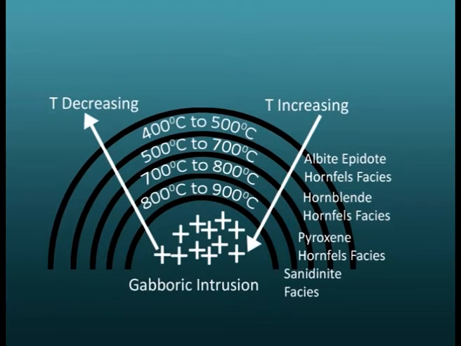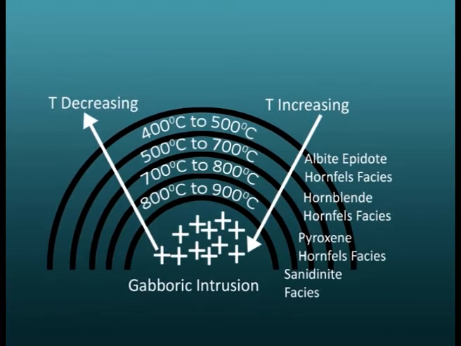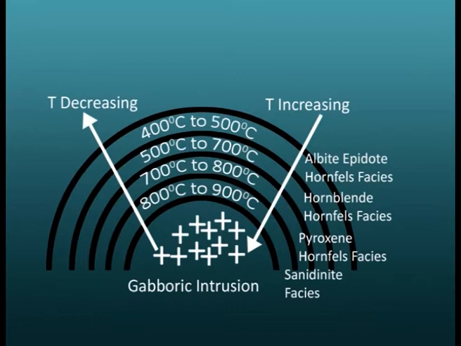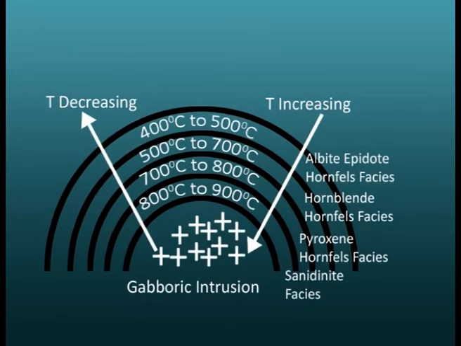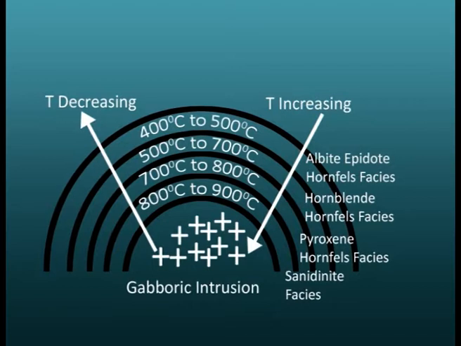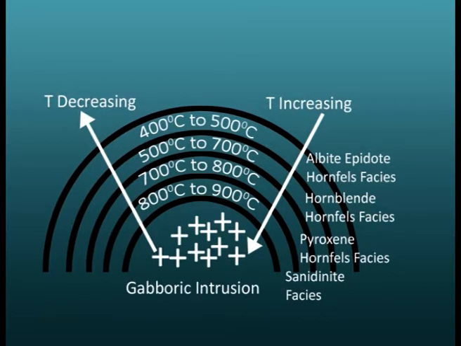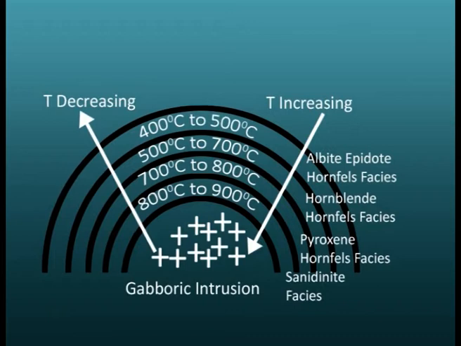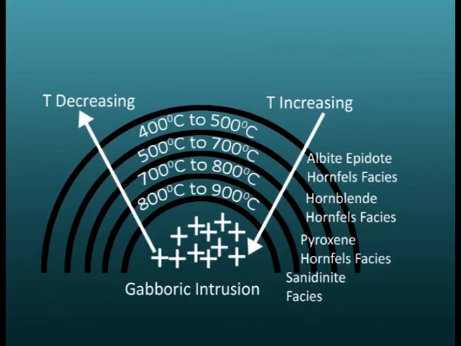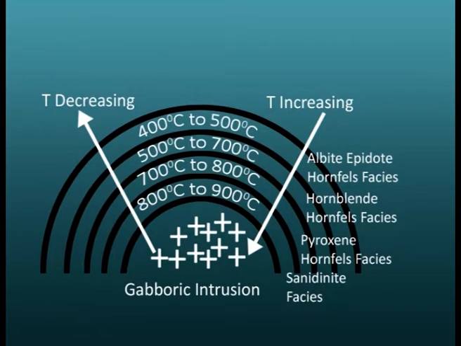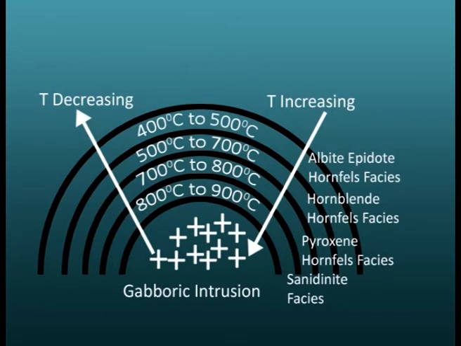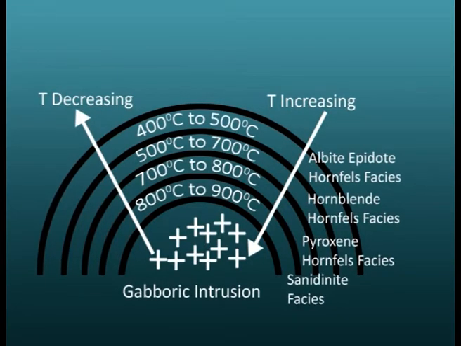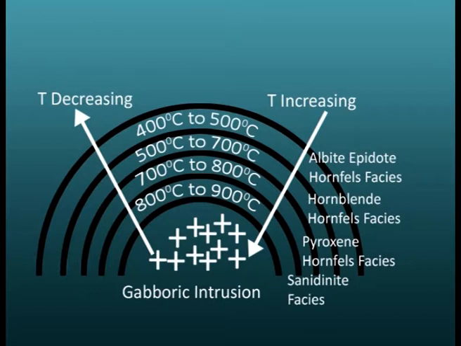the intrusive gabbroic rock within the country rock. We can see the concentric rings all around the intrusive body towards the country rock. If we move from the intrusive body towards the outer zones, the temperature usually decreases, and vice versa.